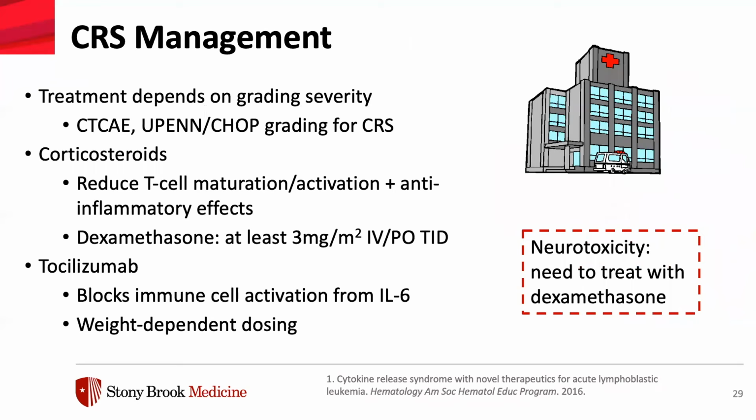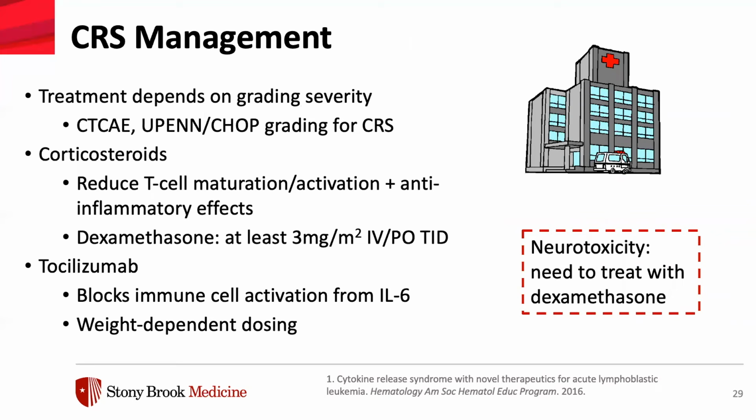So cytokine release syndrome management is usually based on the grading severity. We have more commonly the CTCAE, or common terminology criteria for adverse effects, that has different grading, grade 1 to 5, grade 1 being a fever with or without more constitutional symptoms, to grade 5 being death.